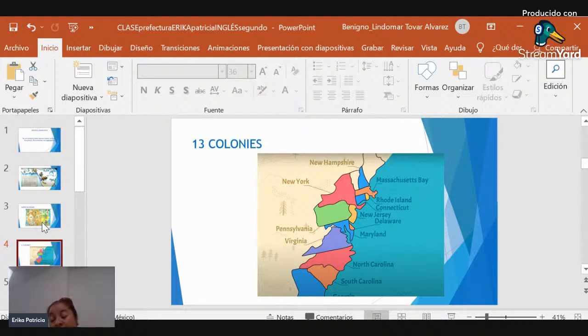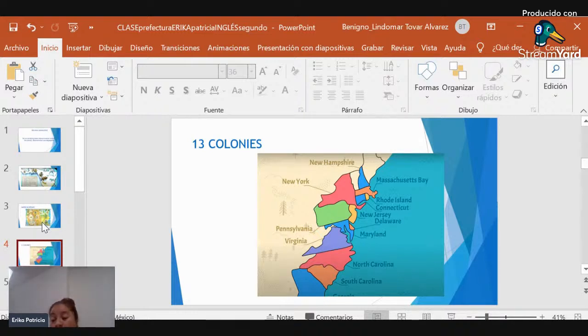So here we have the 13 colonies that we also know, and I'm going to mention them: New Hampshire, Massachusetts, Rhode Island, Connecticut, New Jersey, Delaware, Maryland, North Carolina, South Carolina, Georgia, Virginia, Pennsylvania, and New York.